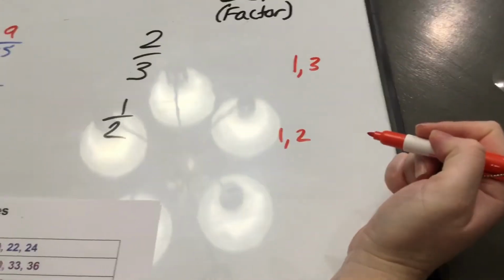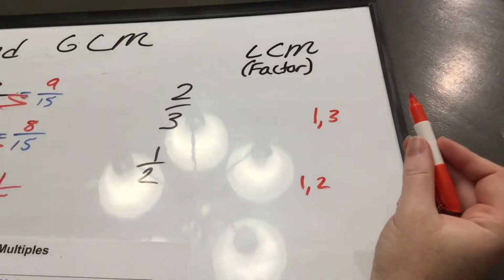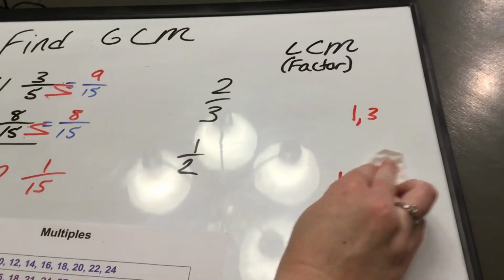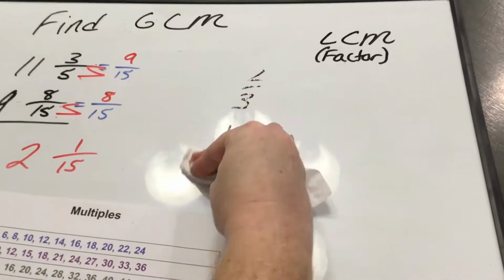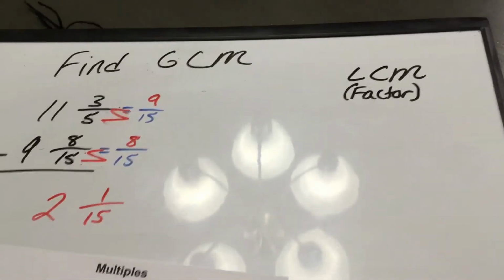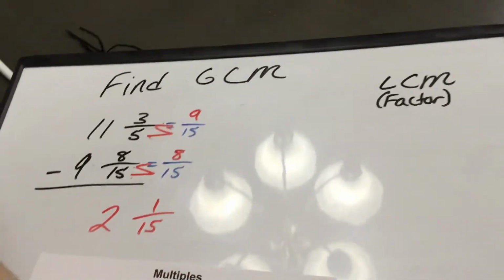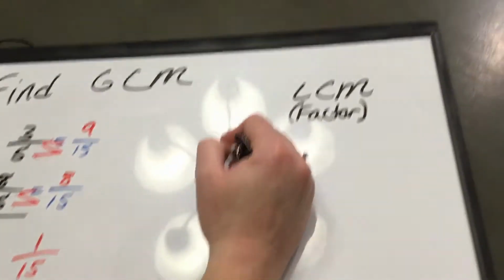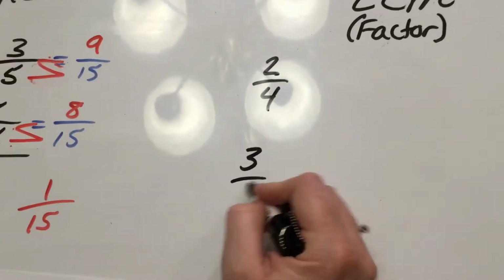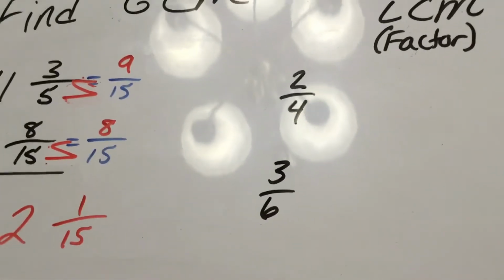Now factors of 2 is 1, 2, 3, that won't work. Let's try a different number. Let's do 4. And let's do 6.